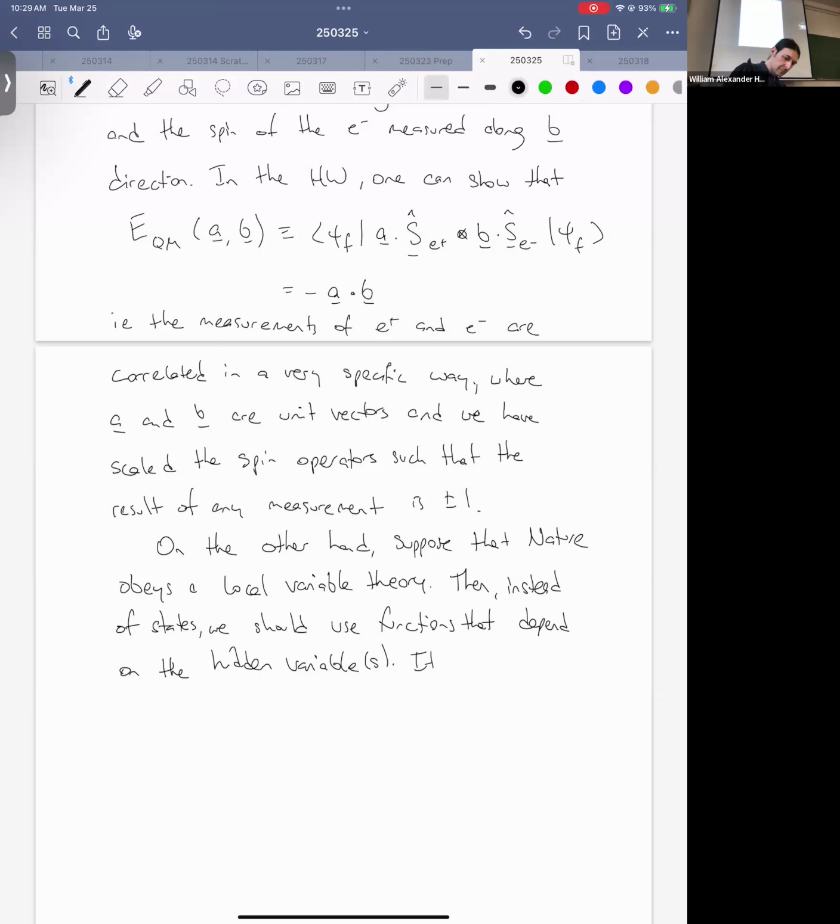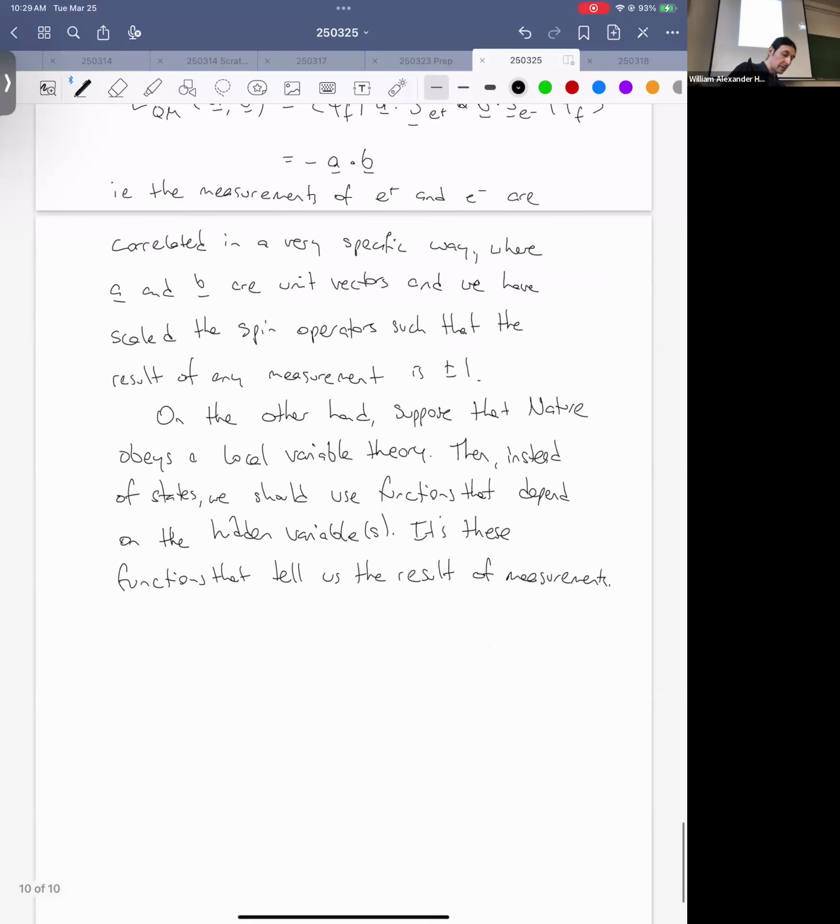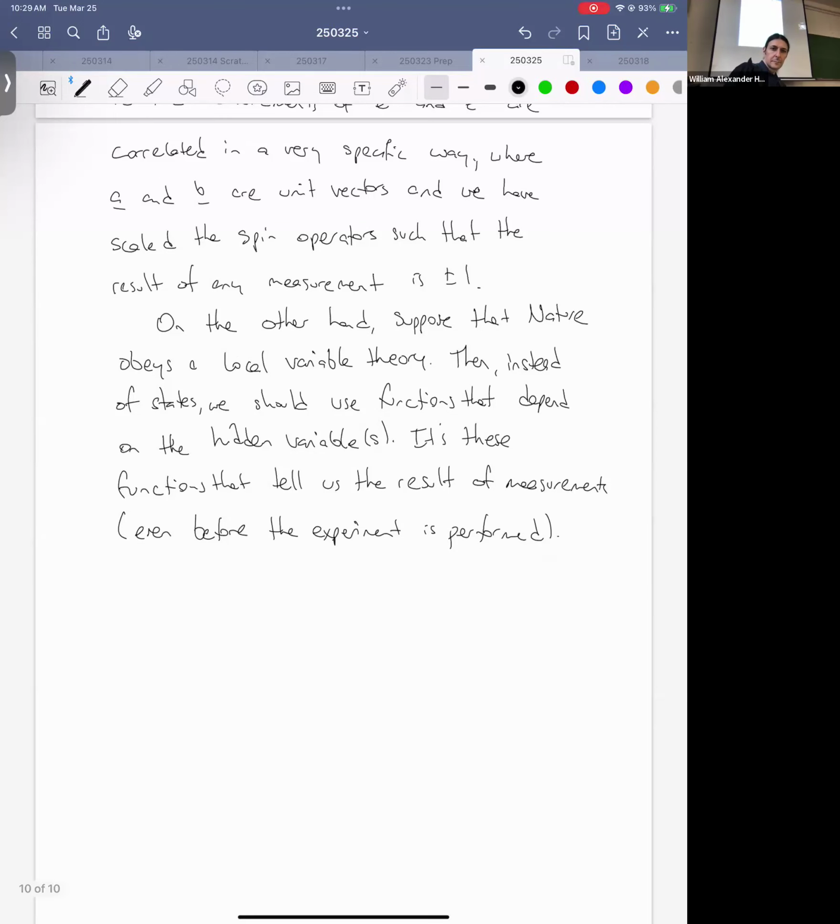And it's these functions that tell us the result of measurements, even before the experiment is done, i.e., in a non-probabilistic way.